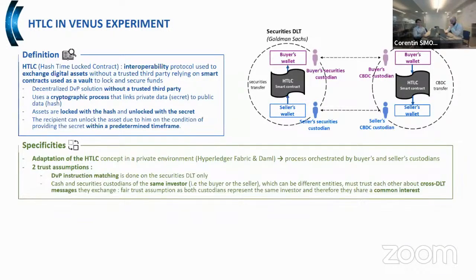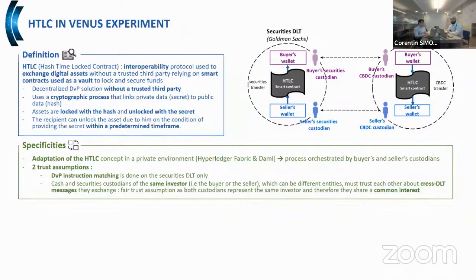As you can see in the diagram at the top right, there are two communication channels. The first one is between the buyer's securities custodian and the buyer's CBDC custodian, which both represent the buyer. And the second communication channel is between the seller's securities custodian and the seller's CBDC custodian, which both represent the seller.